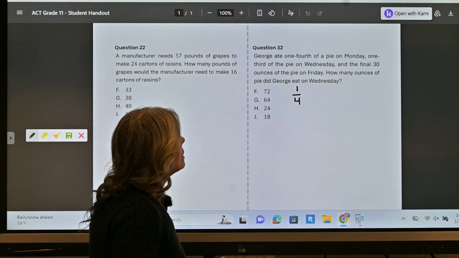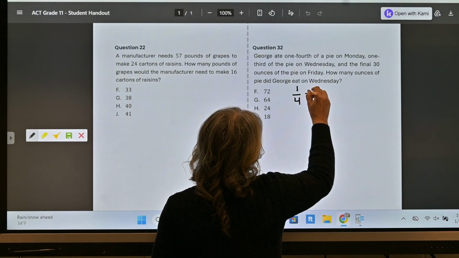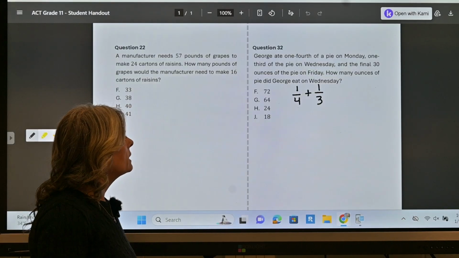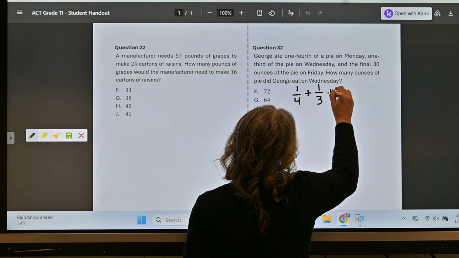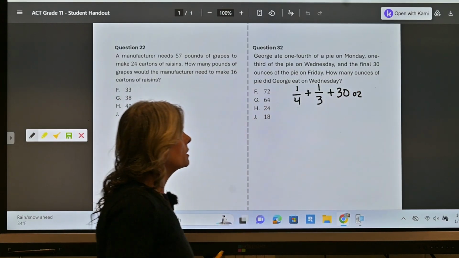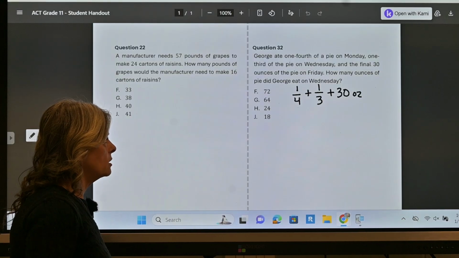Okay. Then he ate 1/3 of a pie, so I'm adding plus 1/3. Okay, and then he ate the final 30 ounces, so plus 30 ounces on Friday. How many ounces did George eat on Wednesday?